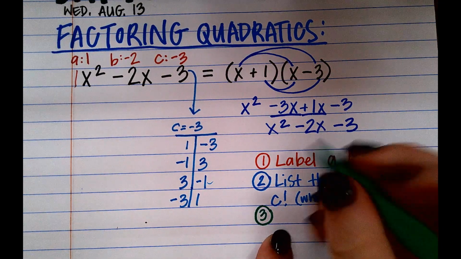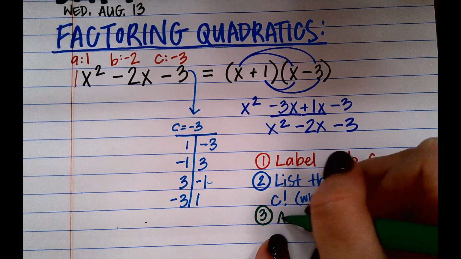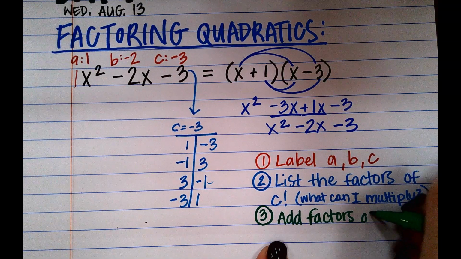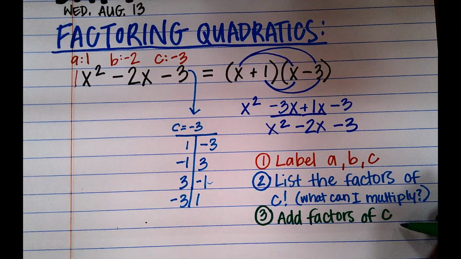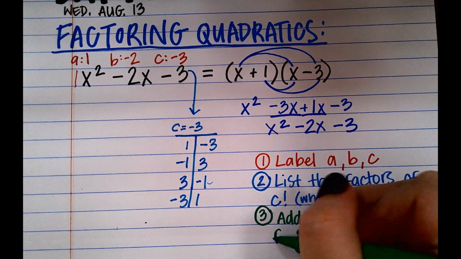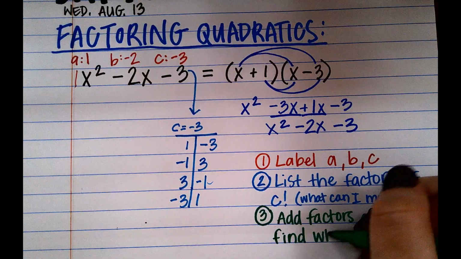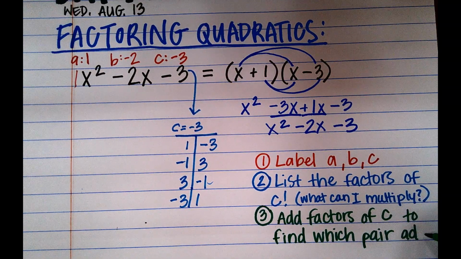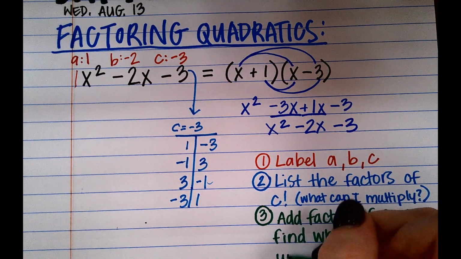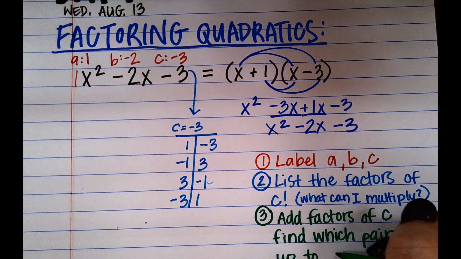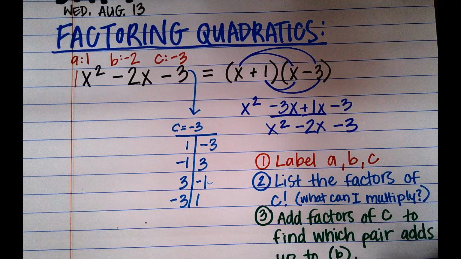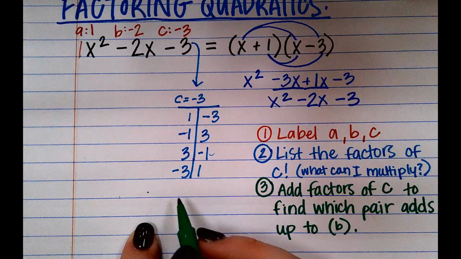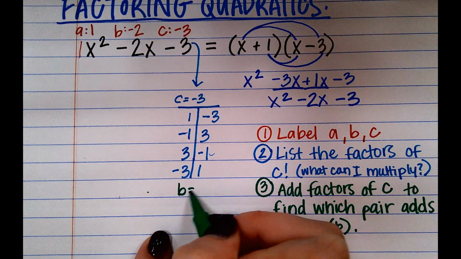Okay, so step 3, add factors of C to find which pair adds up to B. So what I like to do next is just write, to remind myself, B is negative 2.